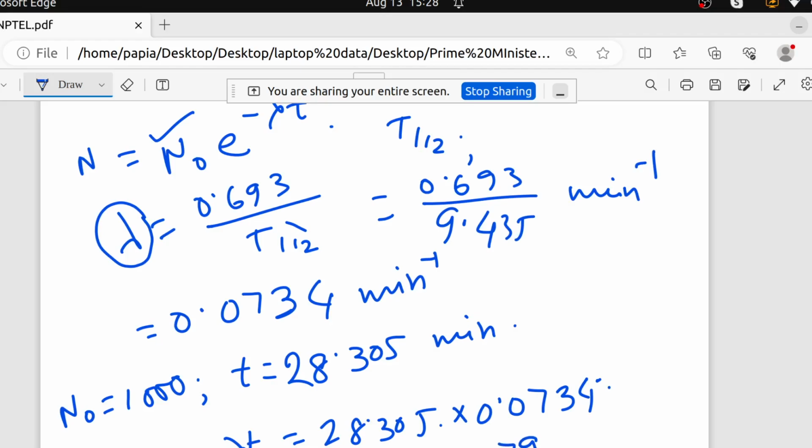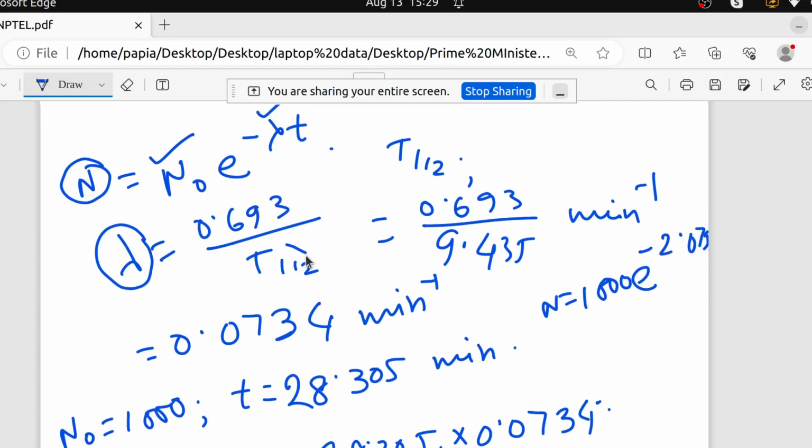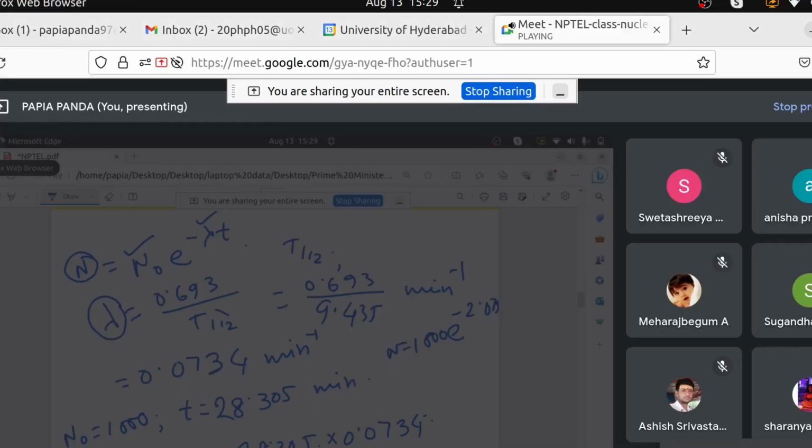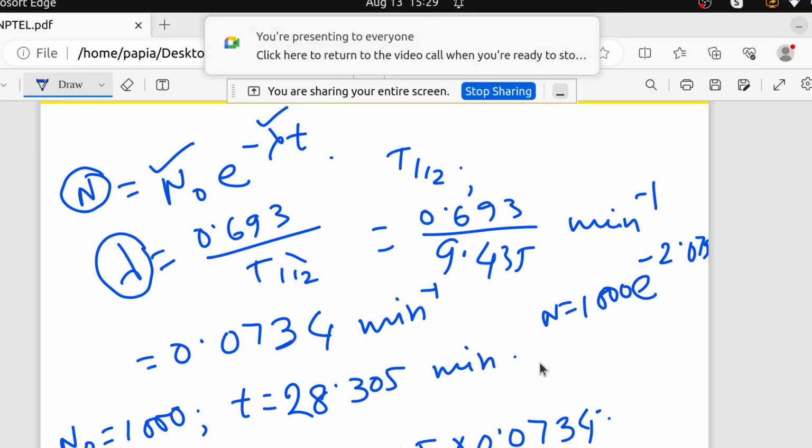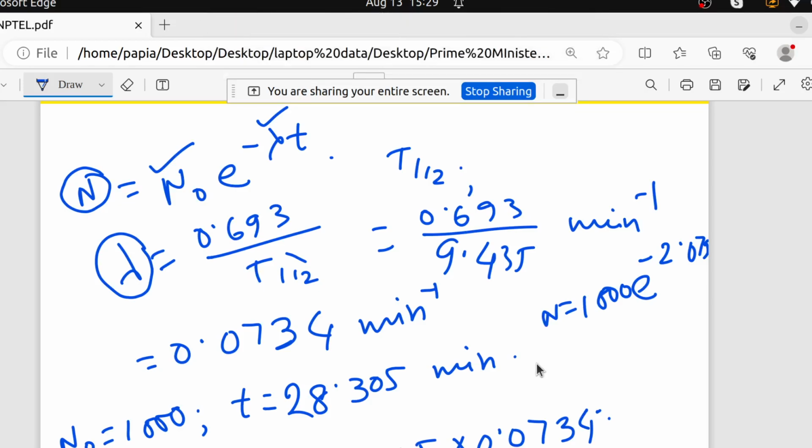Now they are asking about the N value. So what will be the N value? N is 1000 into e to the power minus 2.079, because minus lambda t is there. Now put this value of e to the power minus 2.079, then multiply by 1000. It is approximately 125.